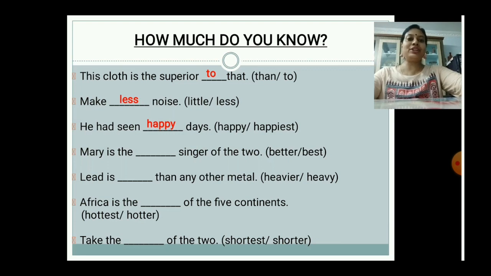Mary is the dash singer of the two. So, better or best? Yeah, here it will be best. Lead is dash than any other metal. Heavier or heavy? Heavier than any other metal.